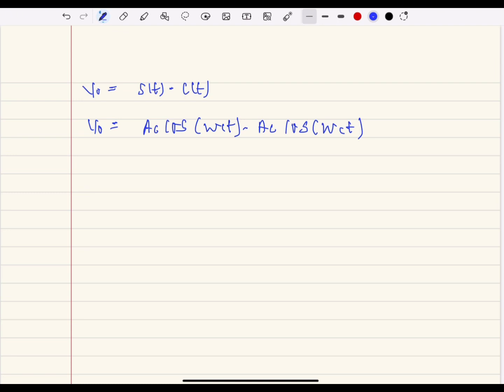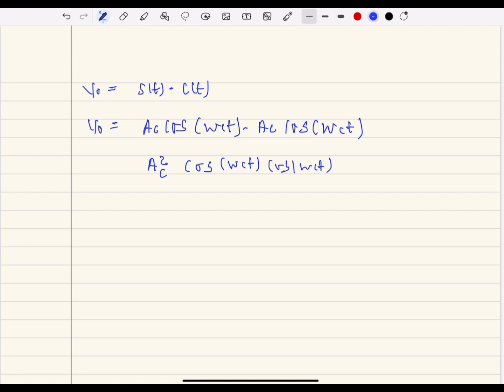Now, this is what I have. In multiplying it, we are going to get something like A squared AC squared cos omega ct cos omega ct.